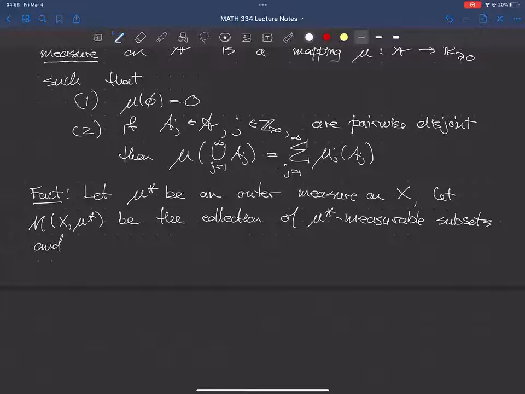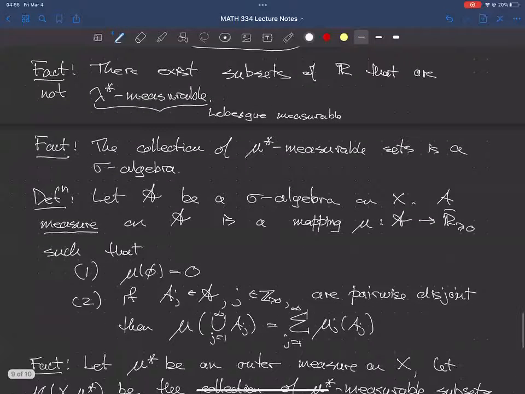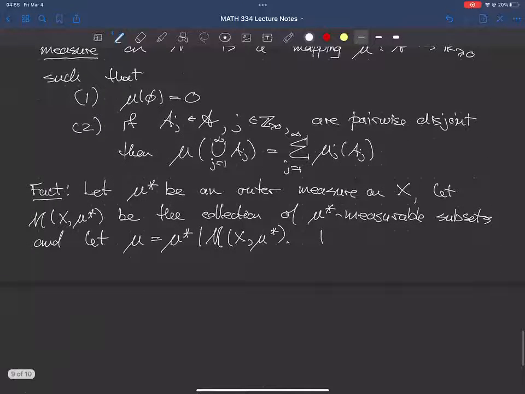And let mu be mu star restricted to the measurable subsets. I've already asserted without proof that this script M is a sigma algebra, and what's also true is that mu is a measure.